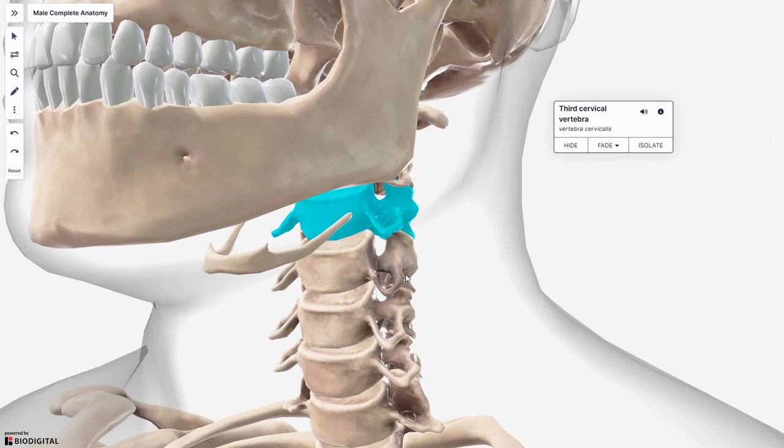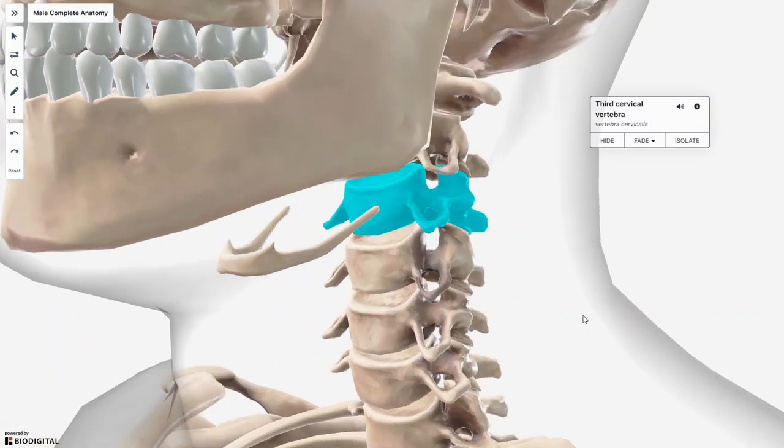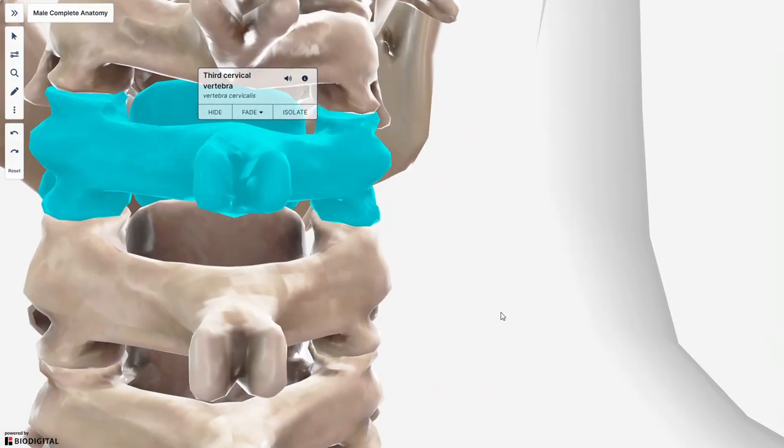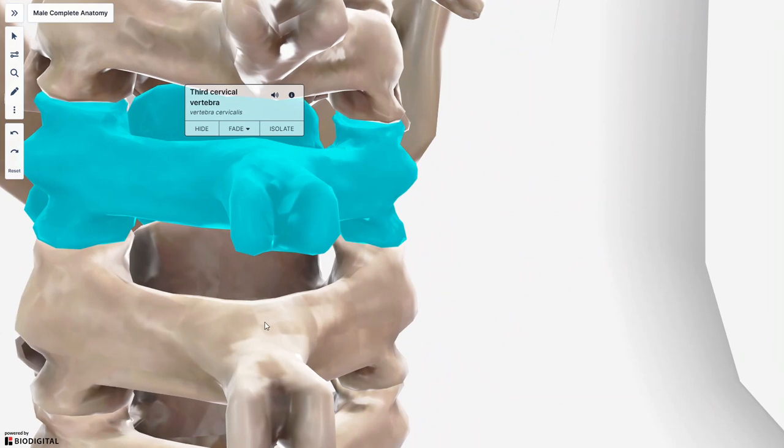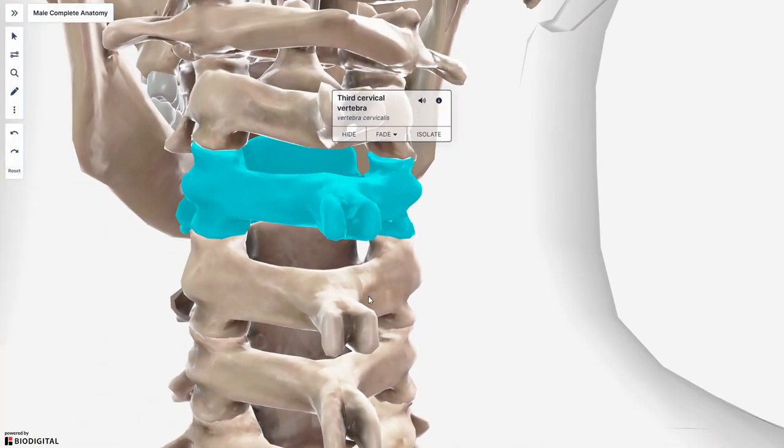Transverse process out laterally, the pedicle that projects directly off the vertebral body. Posteriorly, we have a more flattened portion of bone here called the lamina that helps to form the vertebral arch posteriorly where the spinal cord will go. And then those spinous processes have a bifid split tip.